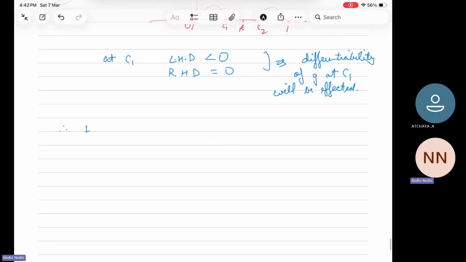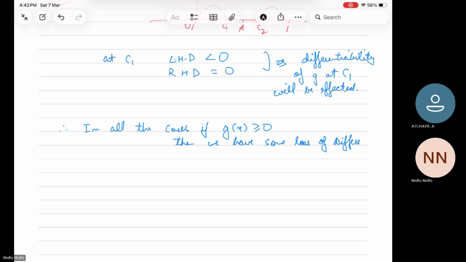Therefore, in all the cases, if g(x) is always positive, then we have some loss of differentiability, which gives us a contradiction.